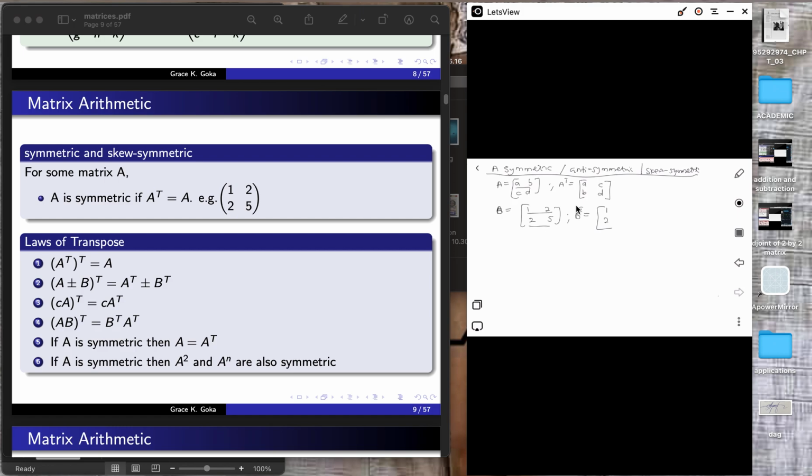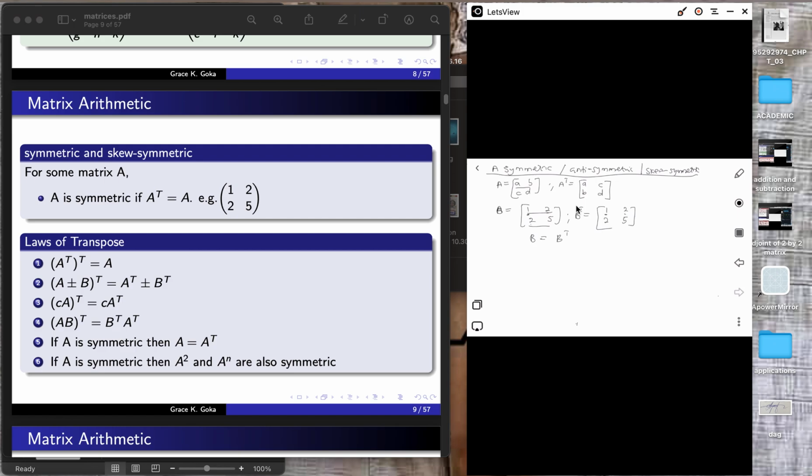Pick the second row, 2, 5, which becomes my column 2, 5. If you check these two matrices, B and B transpose, you notice that B is the same as B transpose, because the first entry is 1 and the first entry in B transpose is also 1, the second is 2, the second is also 2.